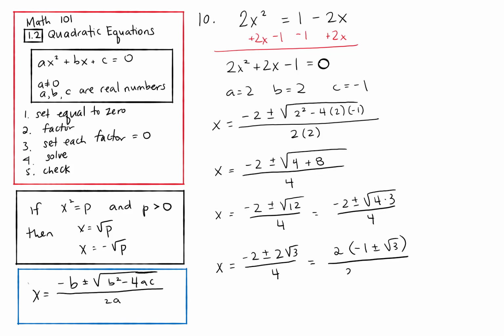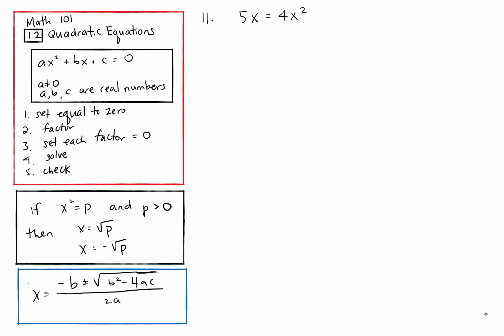Factoring a 2 out of the bottom gives me a 2 left behind. So now I have negative 1 plus or minus radical 3 over 2. You can write it in set notation as negative 1 plus or minus the square root of 3 over 2, and put your braces around it.